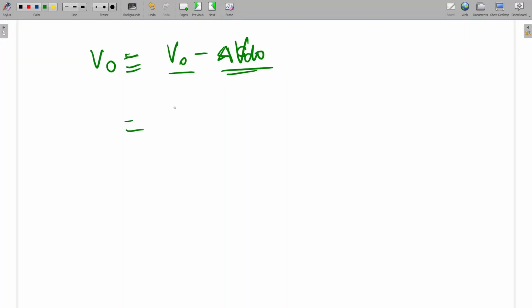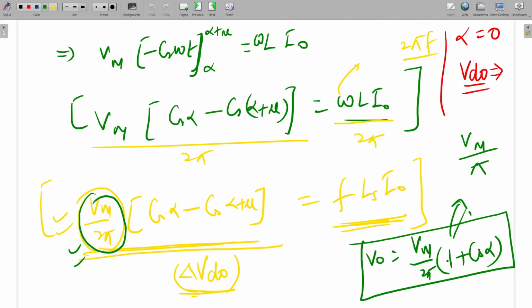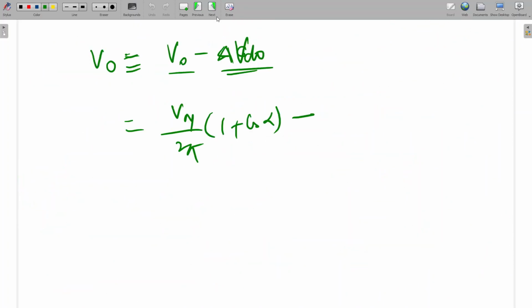So what is that voltage? Vm upon 2 pi times 1 plus cos alpha, minus this value. Here we already have Vm upon 2 pi times cos alpha minus cos alpha plus mu.